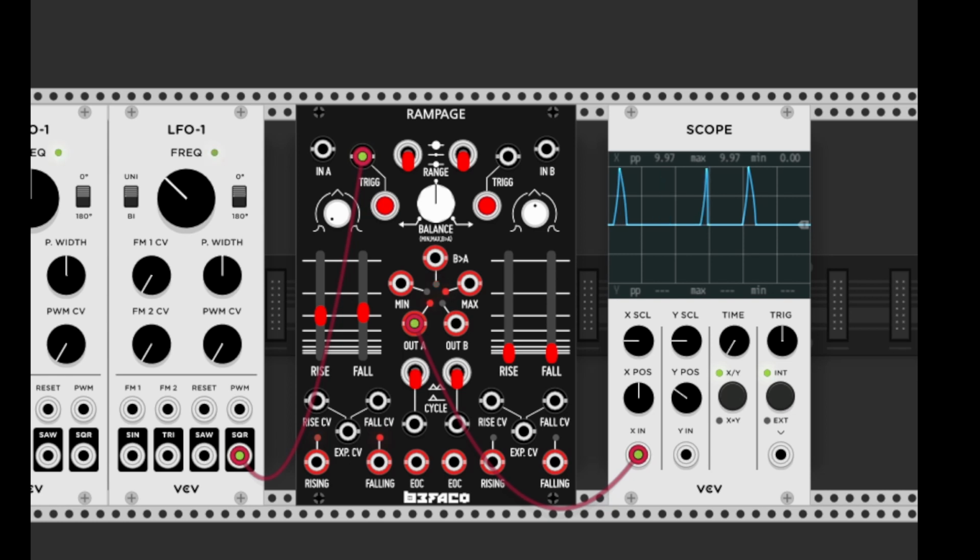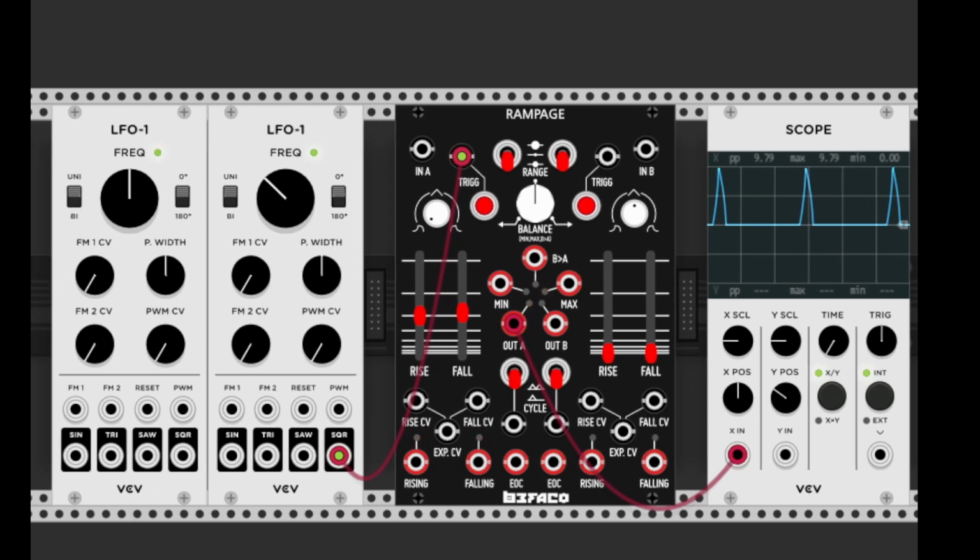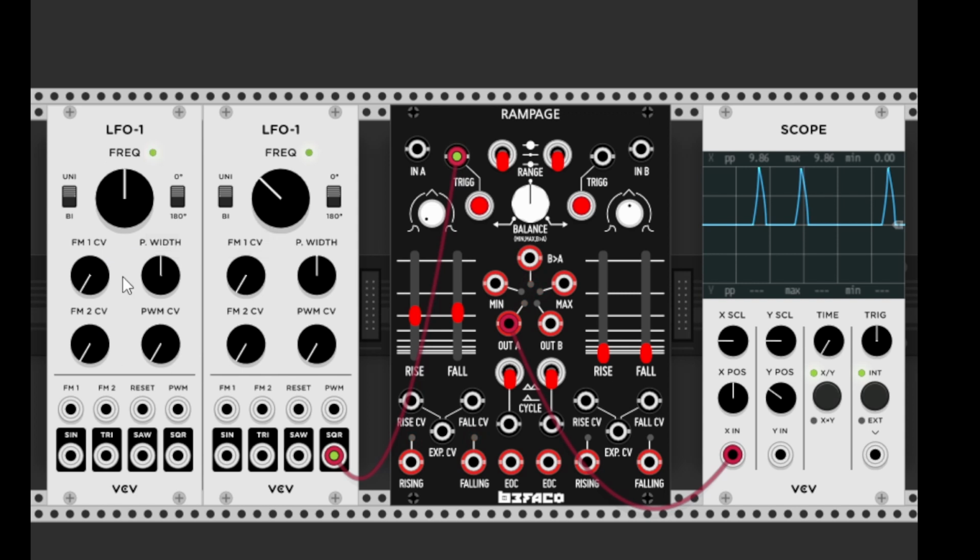Come on. Yeah. So let me use a second LFO to modulate. And I take the triangle wave. I say modulate the rise time.